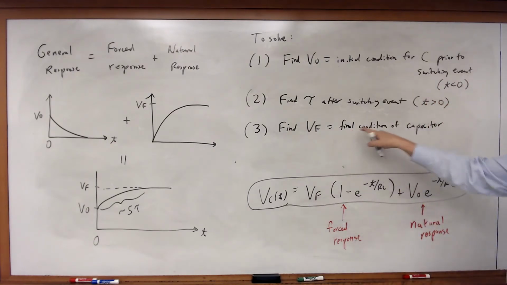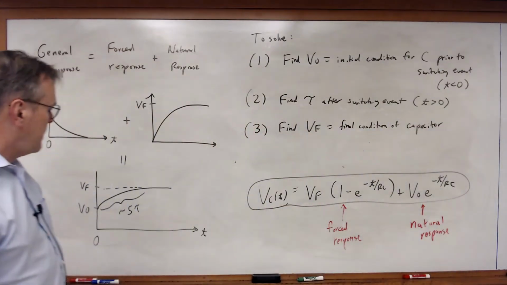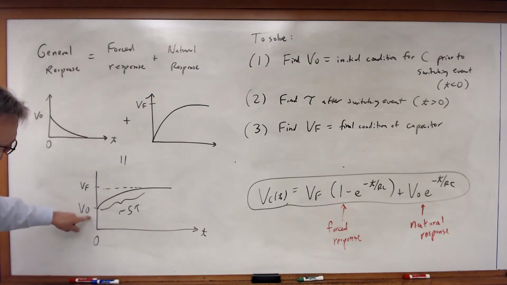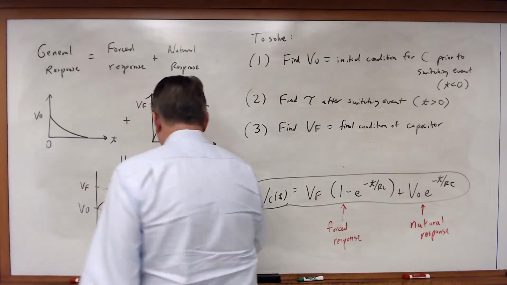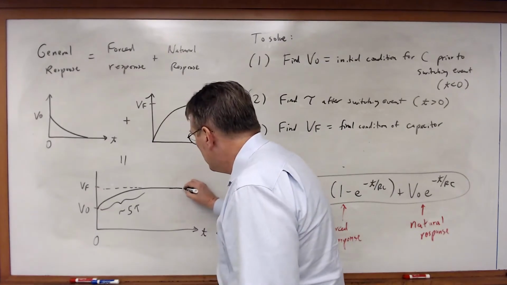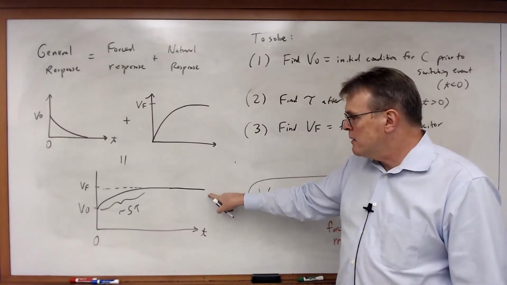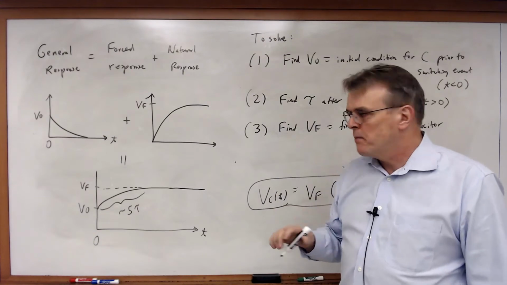Okay? Now, in order to find VF, let me point something out. Let's look at this general response. I start at V0, I go to VF. And notice this settles to a final value, and as t keeps increasing, essentially you go to this asymptotic value and you settle at VF.